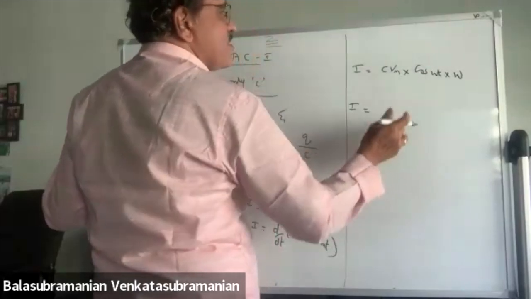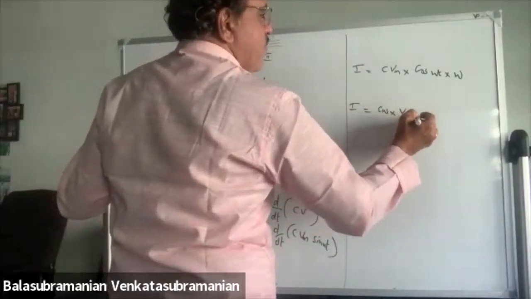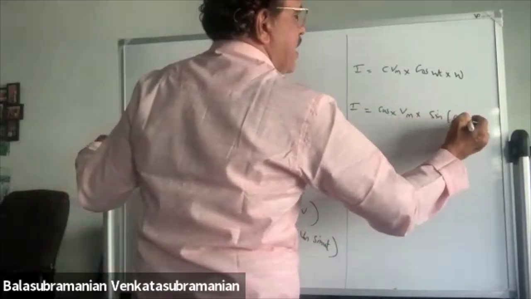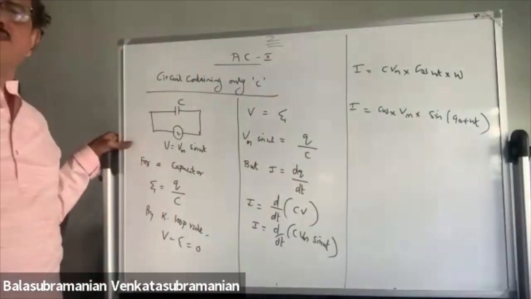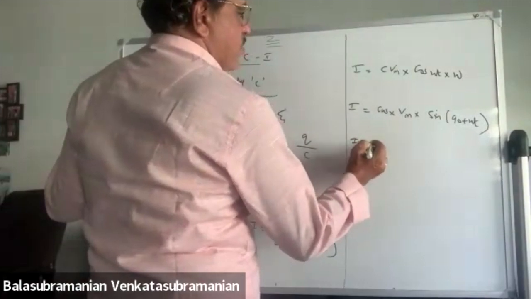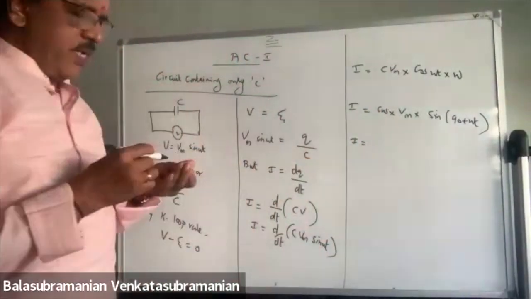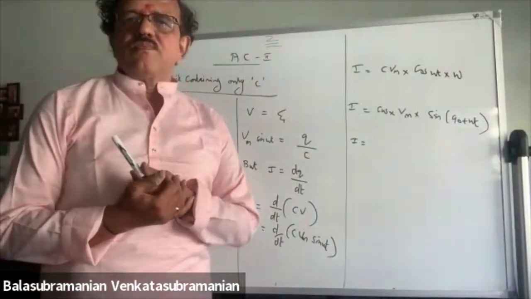I can rewrite this equation as C omega into Vm into sin of 90 plus omega t. I is equal to, you can take this C omega to the denominator without changing its original value.